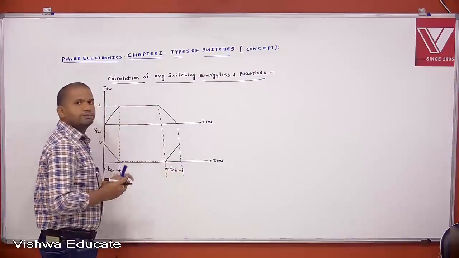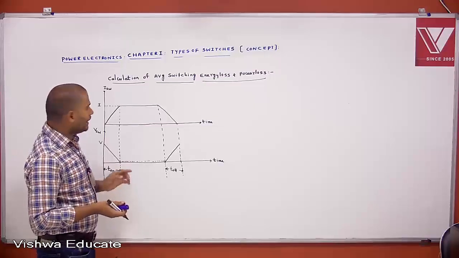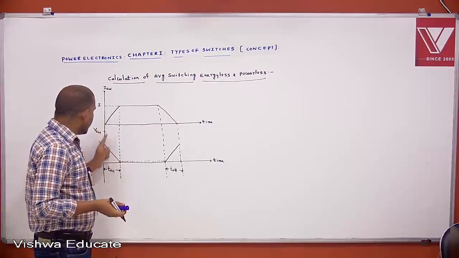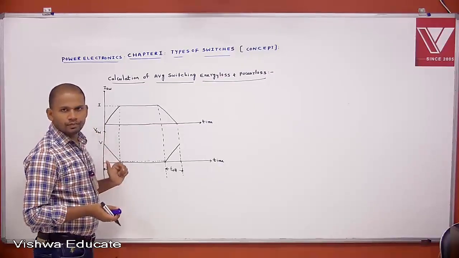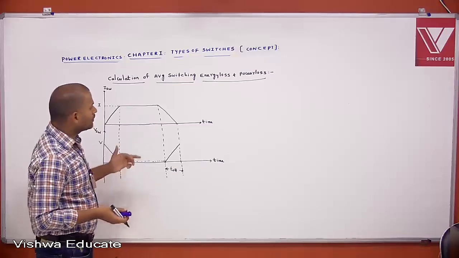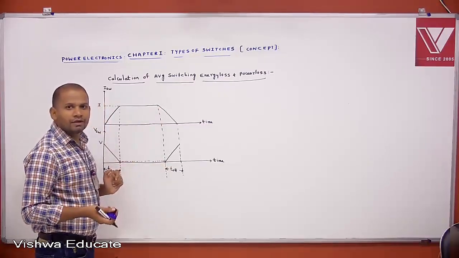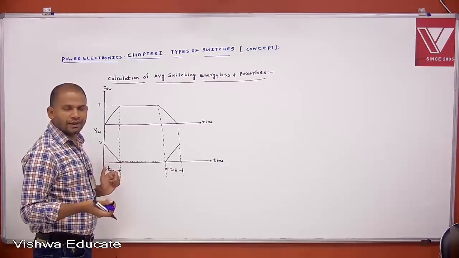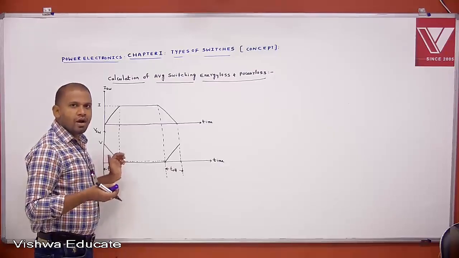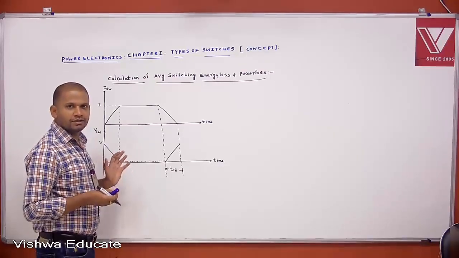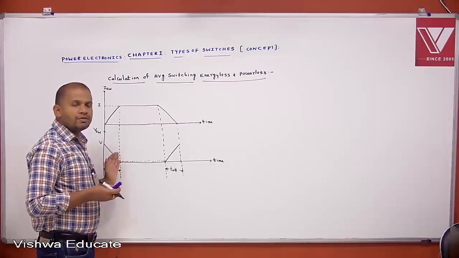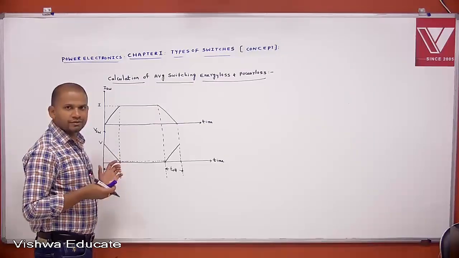First, I want to calculate what is the switching energy loss during on condition, and what is the switching energy loss during off state. That is the average on state switching energy loss and average off state switching energy loss.